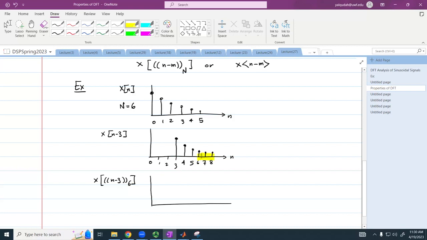And I'm going to take them and move them back to here. So these points are going to be shifted and moved to 0.